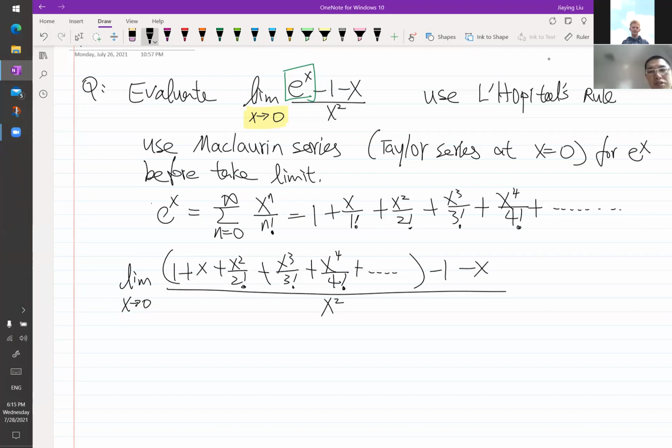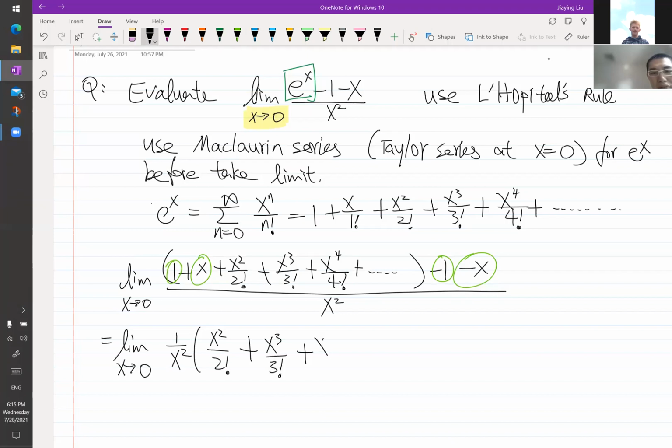The benefit of this Maclaurin series is that we have a positive 1, then we subtract 1. We have positive x, we also subtract x. So those all cancel. So we end up taking the limit as x goes to 0 of 1 over x squared times x squared over 2 factorial plus x cubed over 3 factorial plus x to the 4th over 4 factorial, and it continues.